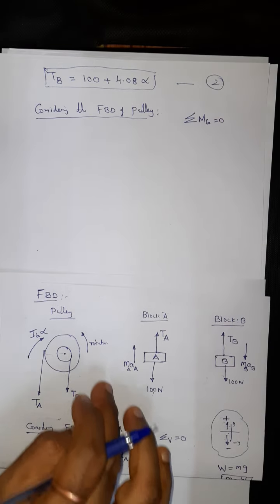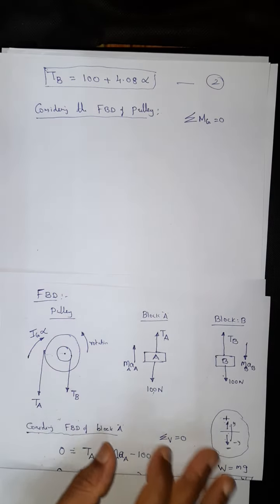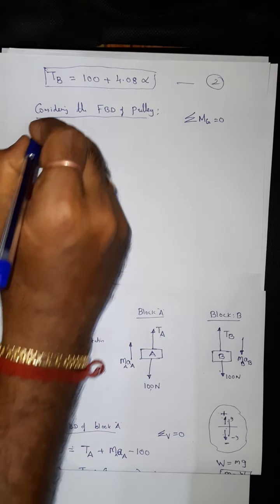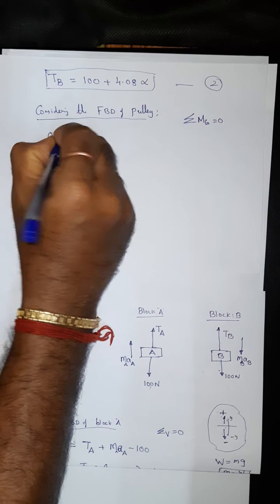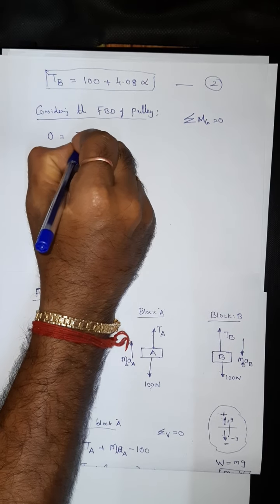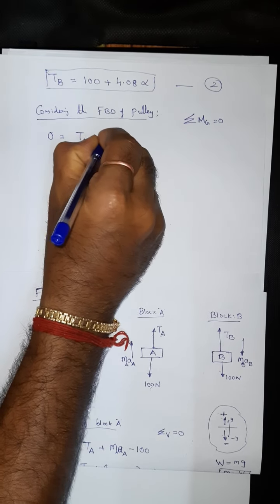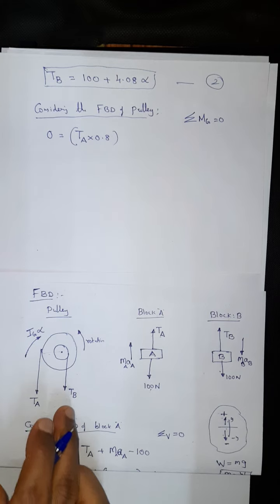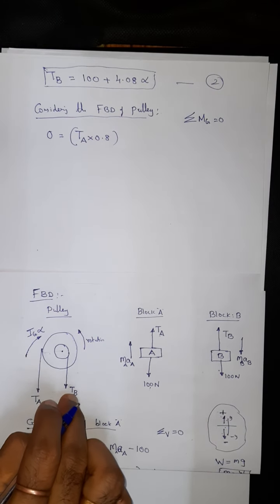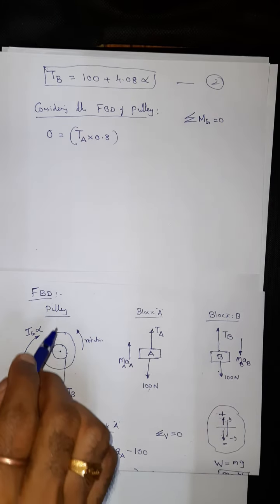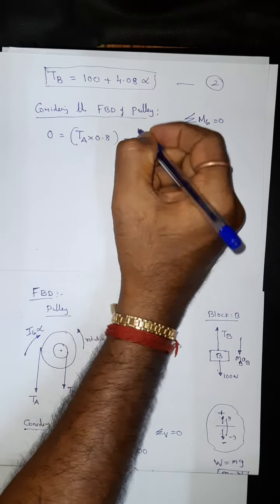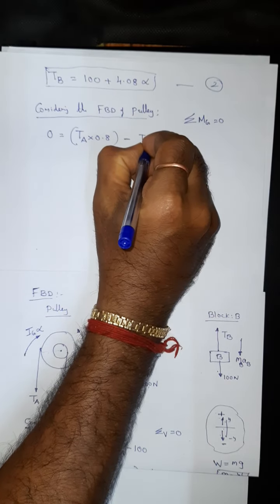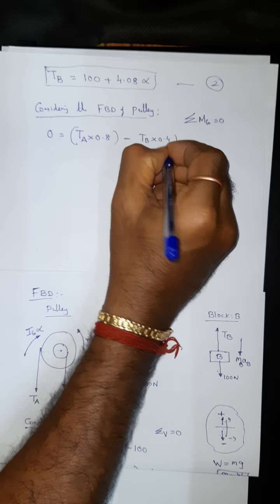The direction where the rotation takes place, we take as positive. So 0 equals TA into 0.8, right? And what about block B? Block B rotates in the clockwise direction. Consider minus TB into 0.4.